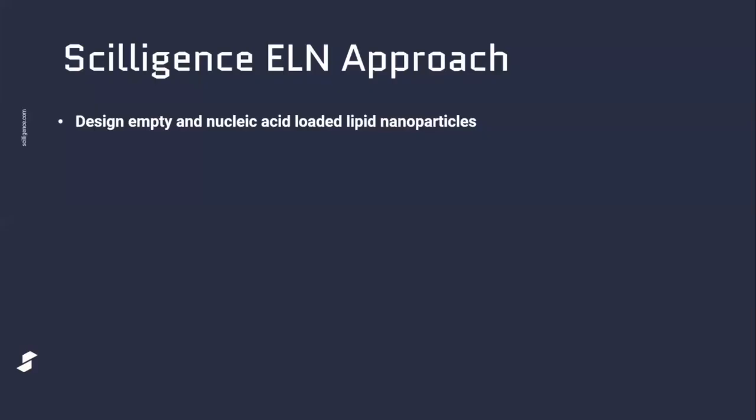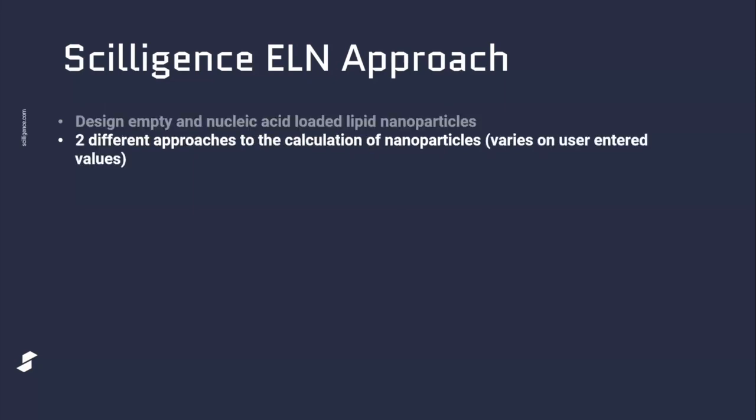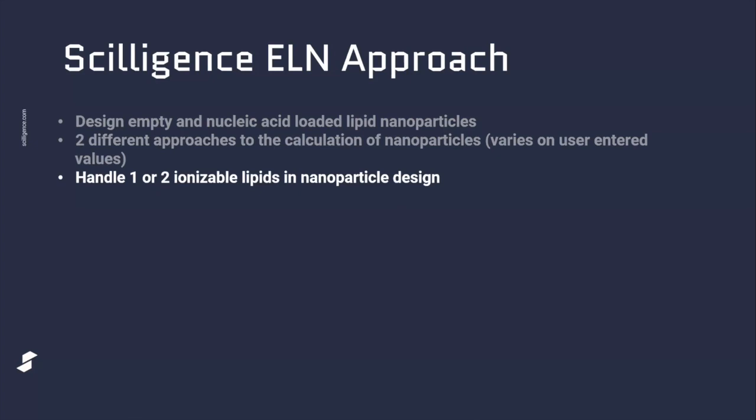So what is Scilligence's approach to the LNP workflow? Being able to design empty and loaded lipid nanoparticles. We have 2 different approaches for the calculations, and they vary based on the values that the user would have to enter. Being able to handle 1 or 2 ionizable lipids in the nanoparticle design.